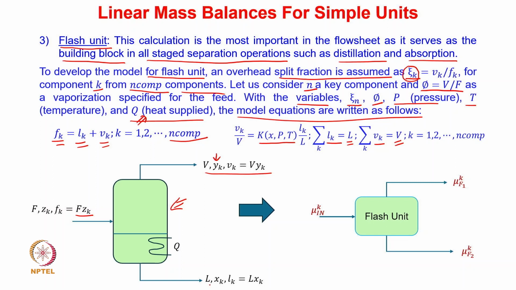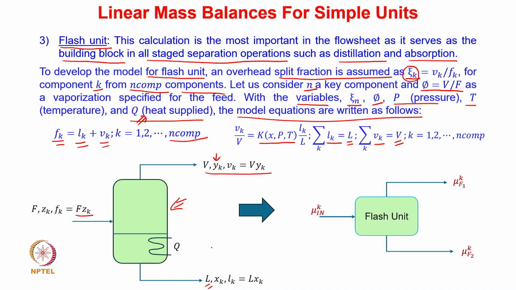Similarly, in the bottom the product coming out from the flash unit will be liquid. So the total molar flow rate of the liquid coming out from the bottom is capital L. Xk is the mole fraction of the kth component in the liquid, and Lk is the molar flow rate of the kth component in the liquid. So Lk is given as capital L into Xk.